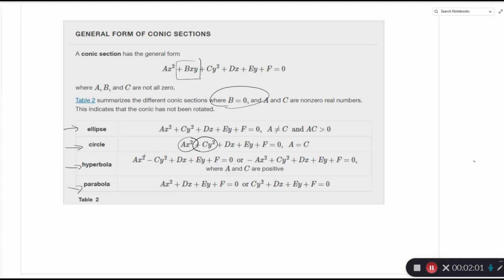If they're of opposite sign, we have a hyperbola. If we have an x squared term but not a y squared term, or we have a y squared term but no x squared term, then we have a parabola.